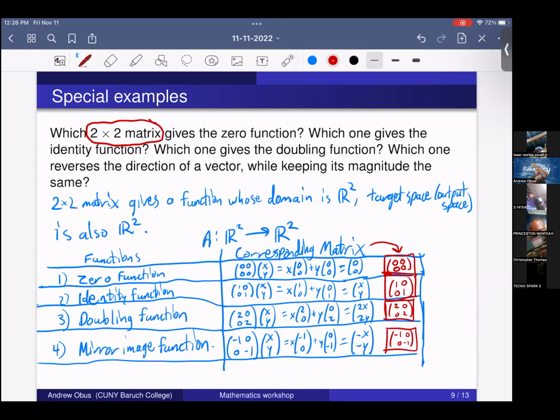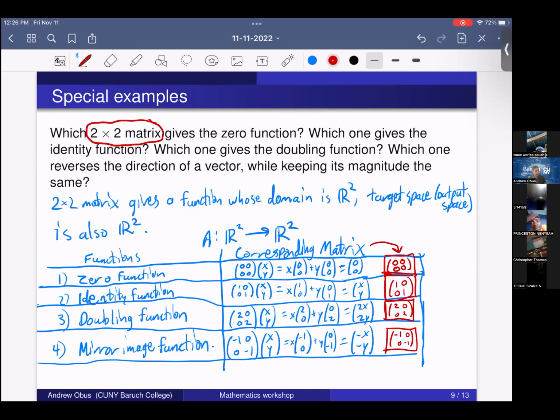It turns it the other way. Next time, we're going to see more complicated matrices that can take a vector and rotate it by 30 degrees, or reflect the vector across some other line. This stuff is also done by matrices, but it takes a little bit more work to figure out which matrices do what.